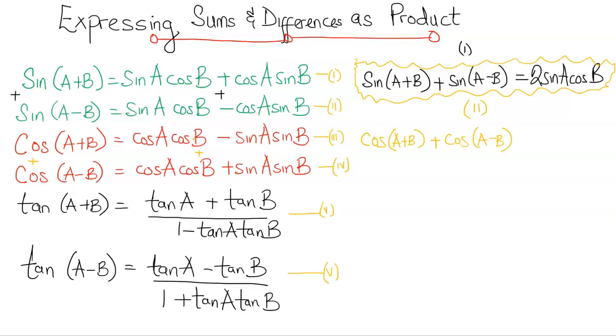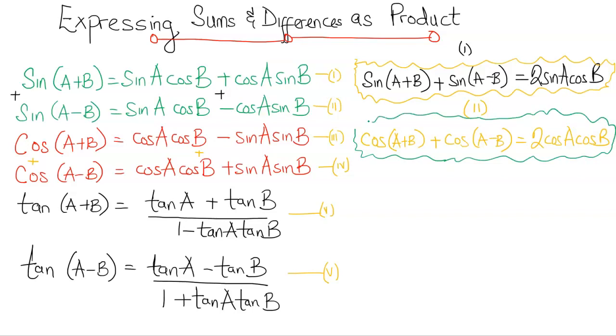Now on the right, cos A cos B plus cos A cos B becomes 2 cos A cos B. Similarly, I've got minus sine A sine B plus sine A sine B, so this is going to vanish. It becomes 0. So this is the second product. We can see 2 cos A cos B is a product, and it's equal to cos (A plus B) plus cos (A minus B).